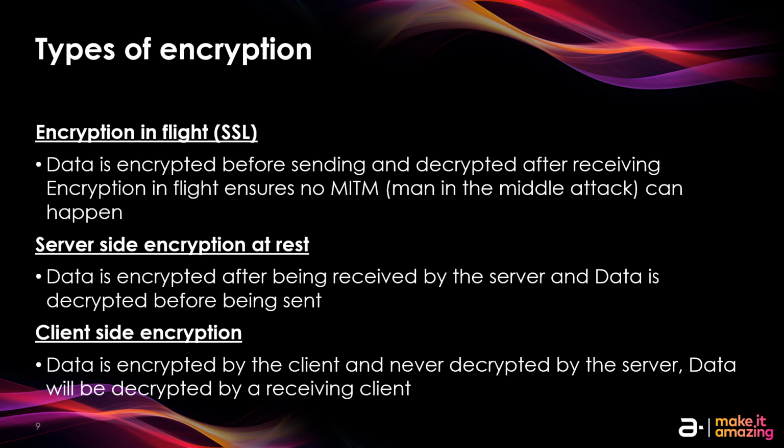That is called a man in the middle attack. So in encryption in flight, it encrypts the data before sending it to an open internet or even private virtual networks, and then once it is received by the other end, it can be decrypted in order to get the message.